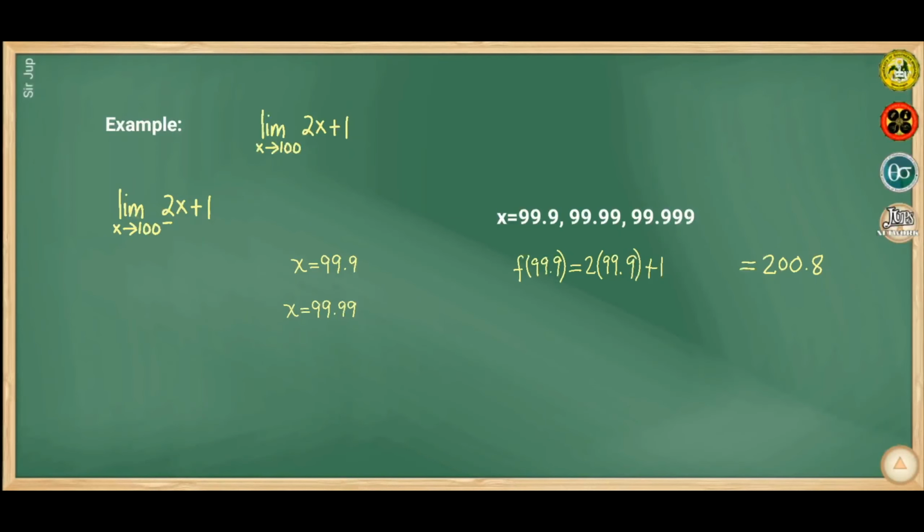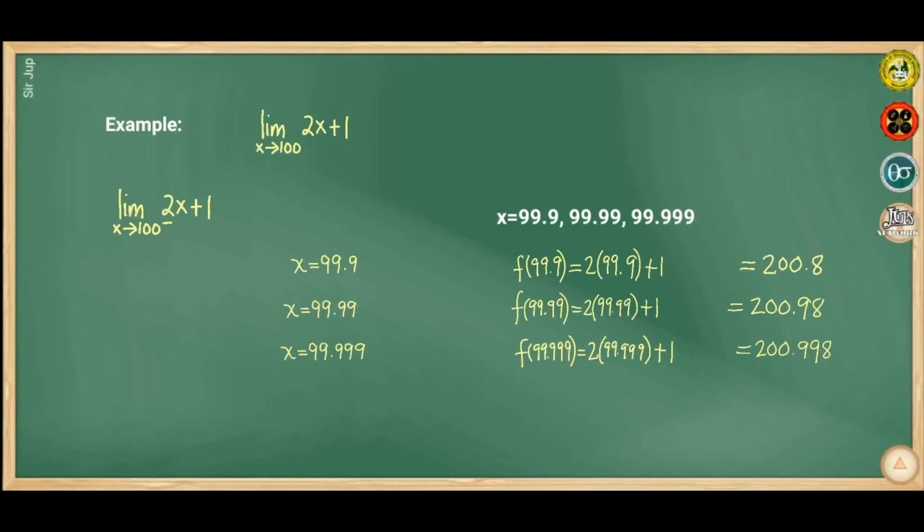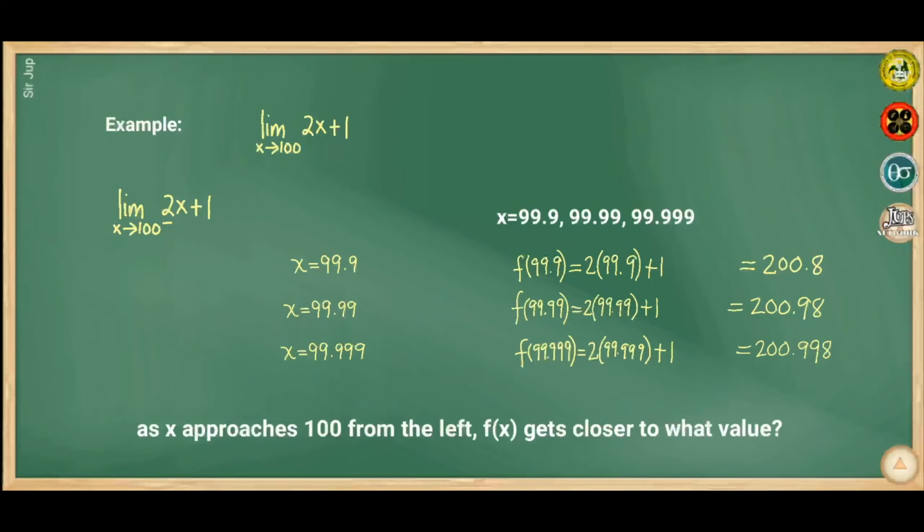If x equals 99.99, f of 99.99 equals 2 times 99.99 plus 1 equals 200.98. If x equals 99.999, f of 99.999 equals 2 times 99.999 plus 1 equals 200.998.